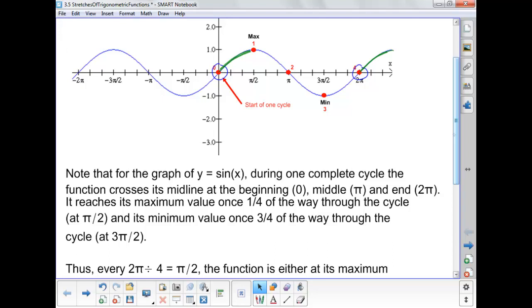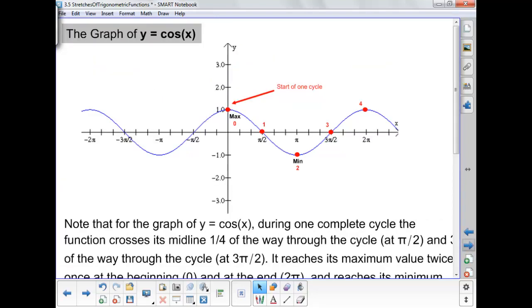Now if we contrast that with the graph of cos of x, it has the same basic shape and the same properties, the same period and the same amplitude. The one difference is that cos of 0 is actually 1.